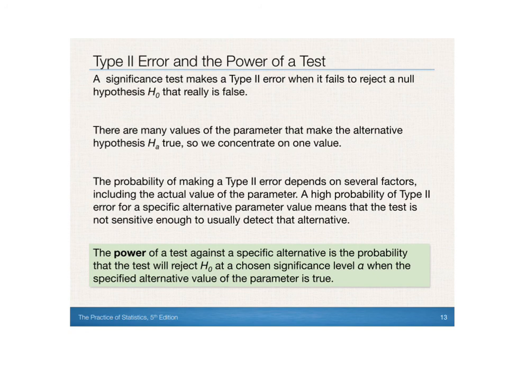And we say that the power of a test against a specific alternative is the probability that the test will reject the null hypothesis that should have been rejected, at a chosen significance level alpha, when the specified alternative value of the parameter is true.